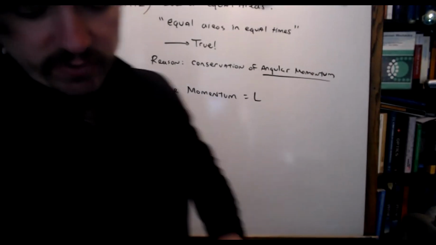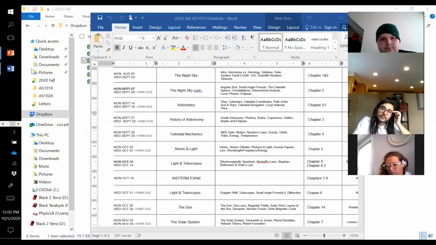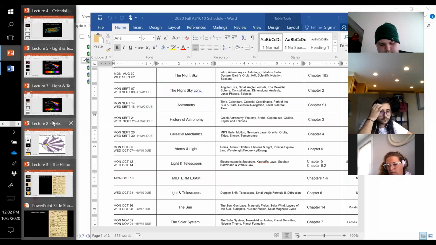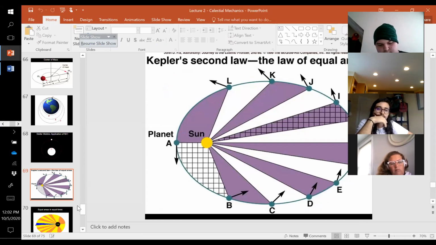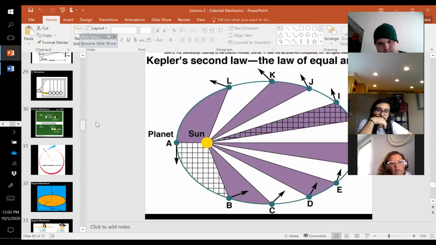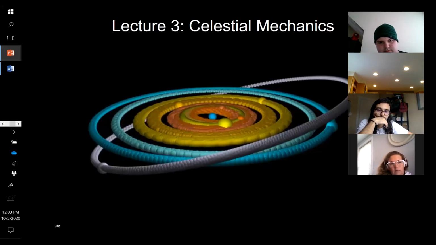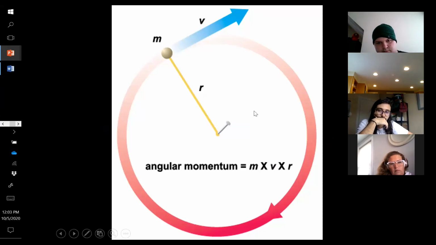So let me just show you a cartoon picture of your most basic, simple setup for angular momentum. I have it in the slideshow, but I have to look around for it here. There we go. So here in the most basic setup, you have a particle with mass m, some kind of BB.